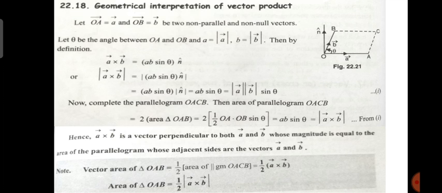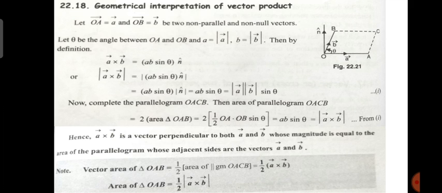Theta is the angle between OA and OB, modulus of A is the magnitude of vector A, and modulus of B is the magnitude of vector B. By definition we have AB sin theta into n cap, and then we take the magnitude. Completing the parallelogram, its area is 2 into the area of triangle OAB.